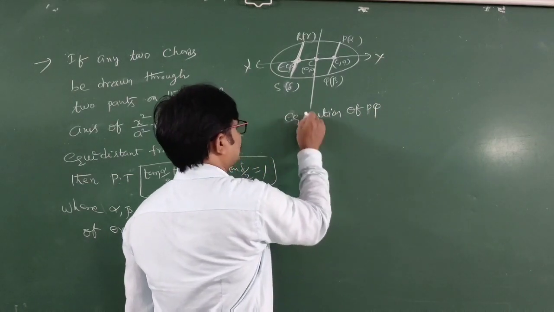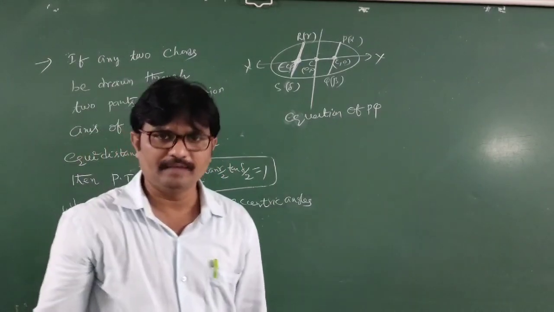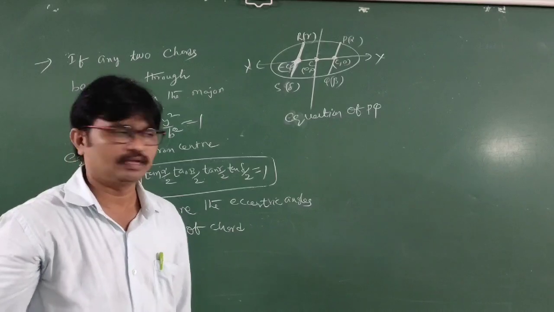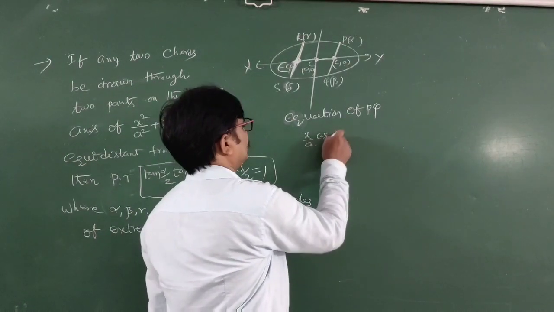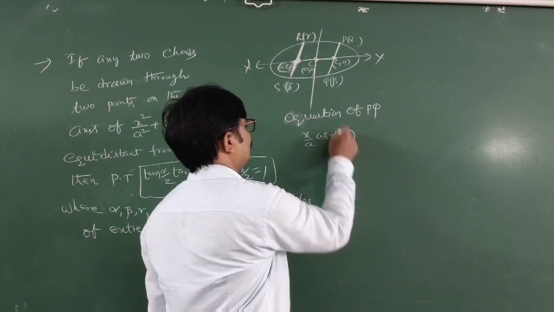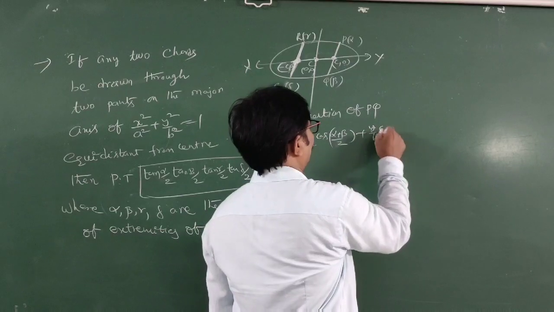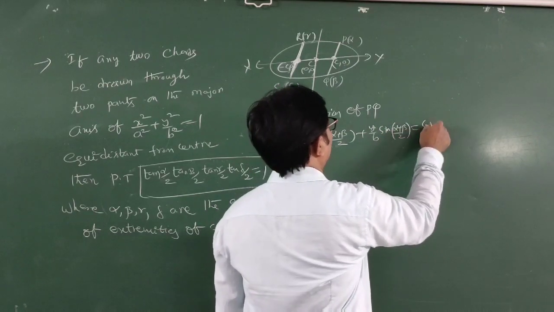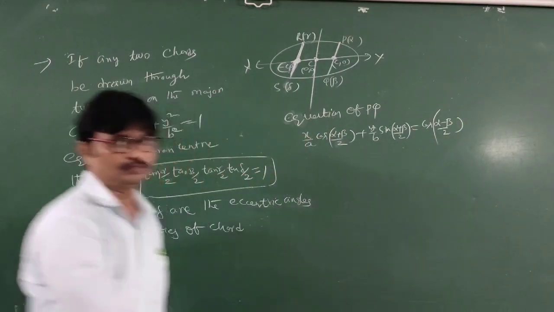Yesterday we discussed the equation of the chord joining alpha and beta, where alpha and beta are the eccentric angles of the ellipse. That is, x by a cos of alpha plus beta by 2, plus y by b sin of alpha plus beta by 2, equals cos of alpha minus beta by 2.